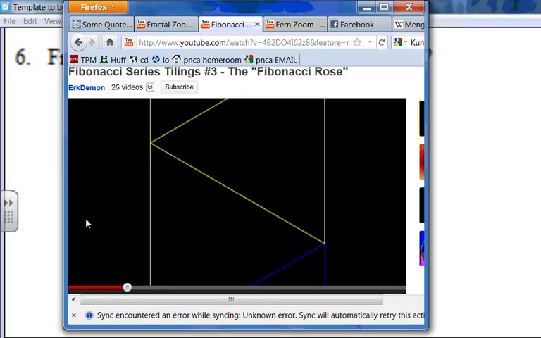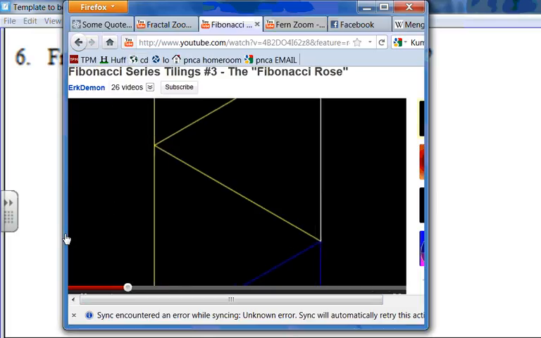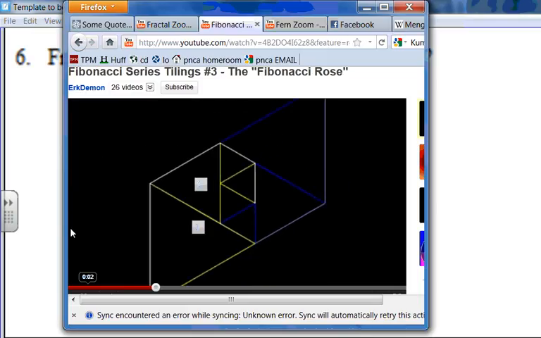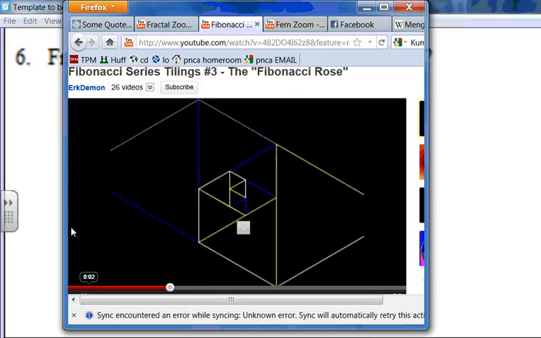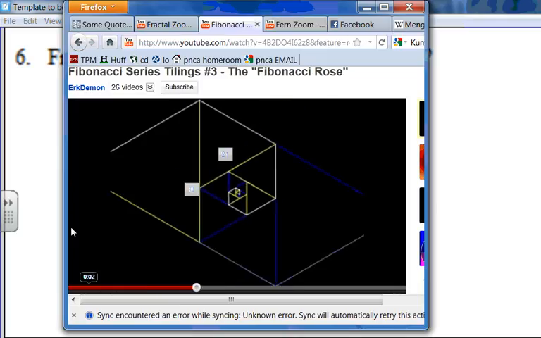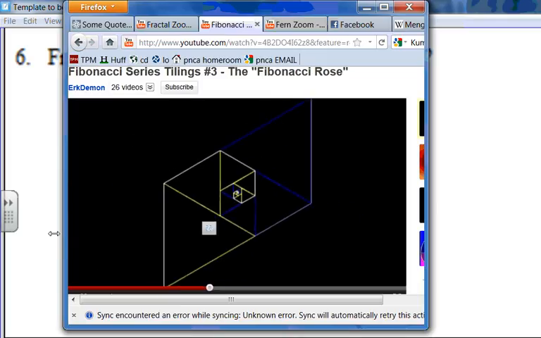Or here, the Fibonacci rows based on equilateral triangles. One iteration, two iterations, three iterations. And you can continue to see the same shape as you zoom out or zoom in on different scales.